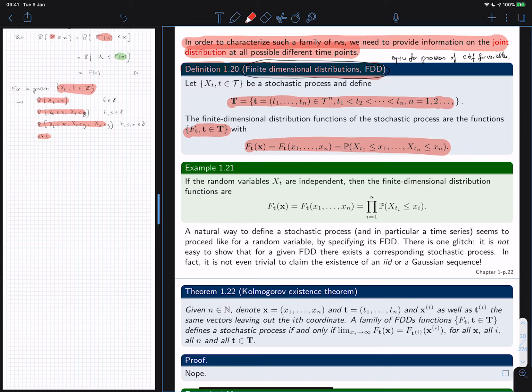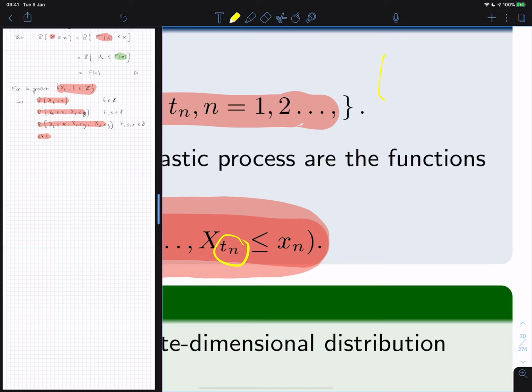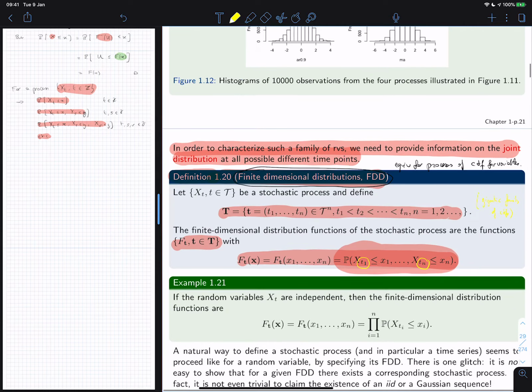In order to describe the distribution of a stochastic process, you need its finite dimensional distribution, which is the family of all functions of this form for any n and for any combination of indexes T1 to Tn. So this is a gigantic family of CDFs. And this gigantic family of CDFs has a certain number of properties.